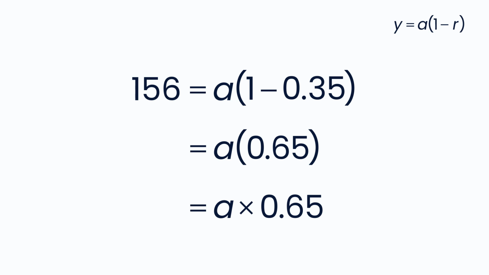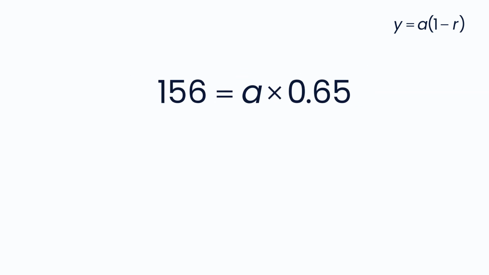Notice how the decay factor always ends up being what's left after you deduct the decay rate. You want to find out how many cookies were sold in Week 1, represented by the variable a in this formula. To solve the equation, you'll want to isolate a, meaning getting a alone on one side of the equal sign.